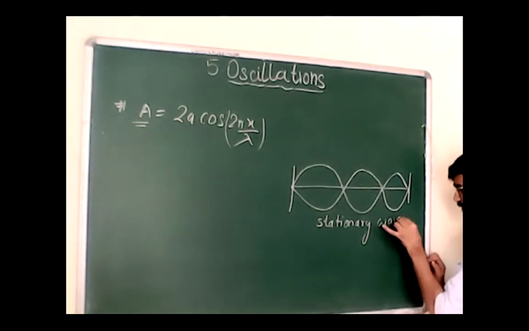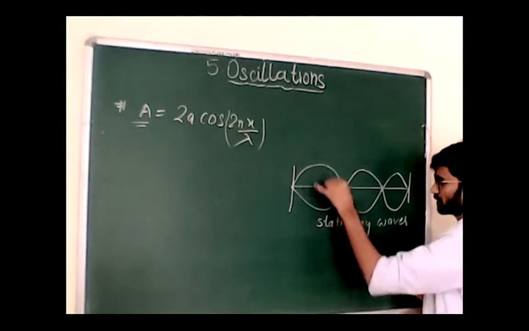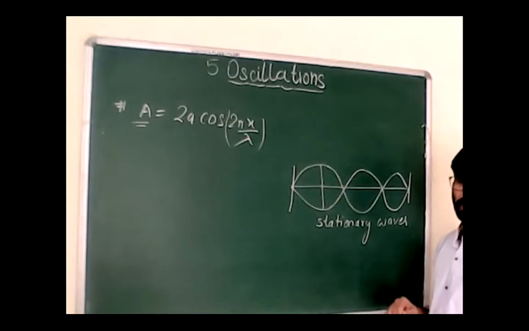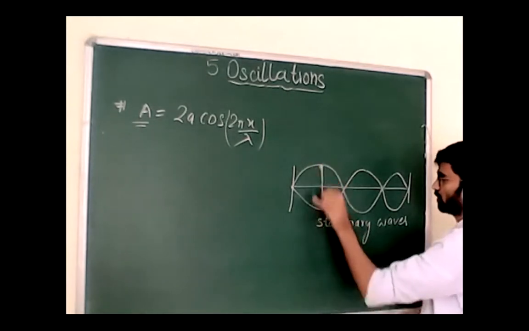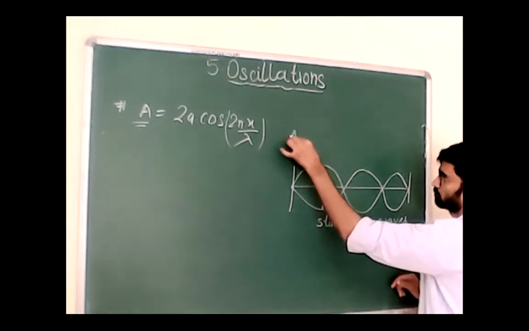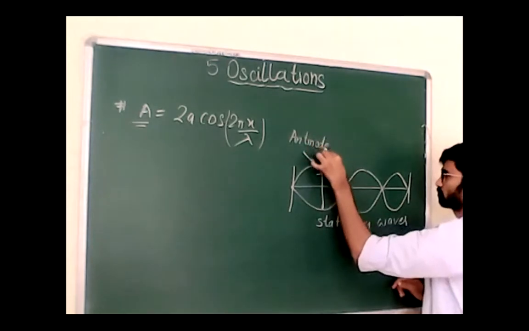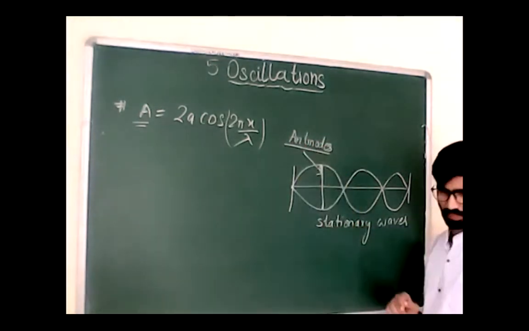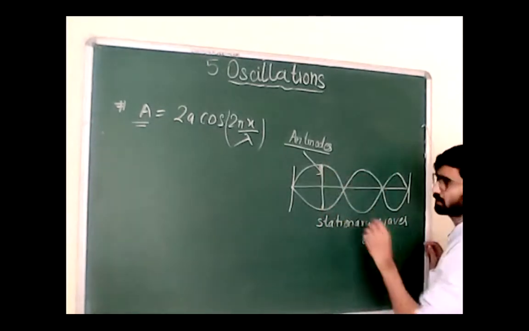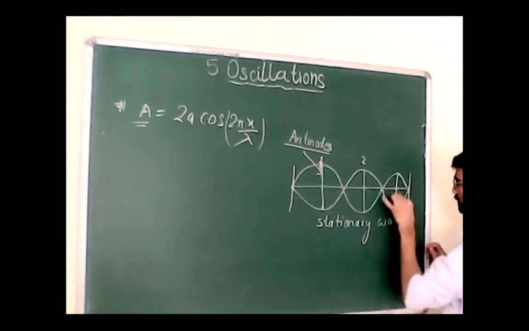I have also told you that the points where the amplitude is maximum are called antinodes. In this wave, you will find three antinodes: one is this one, the second one, and this one is the third.